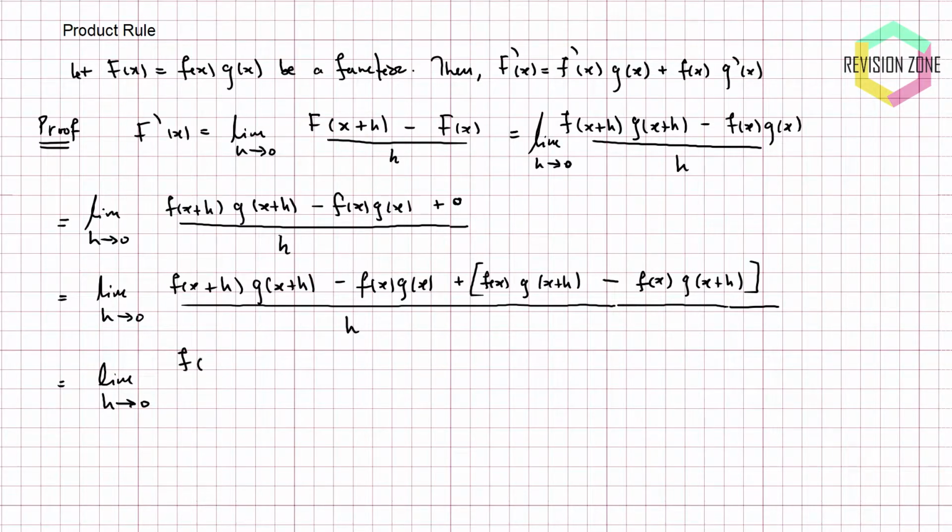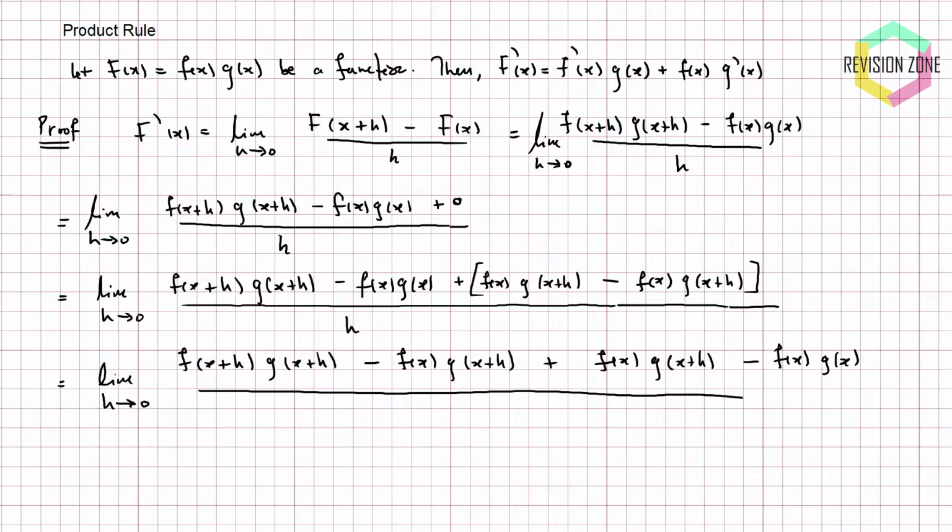So let's do that. f of x plus h, g of x plus h minus f of x, g of x plus h. And of course that then means I'm left with two other terms, and I'm going to write them by writing the positive first because it just looks nicer. So f of x, g of x plus h minus f of x, g of x. And of course the whole thing here is over h. That's a mighty long line.